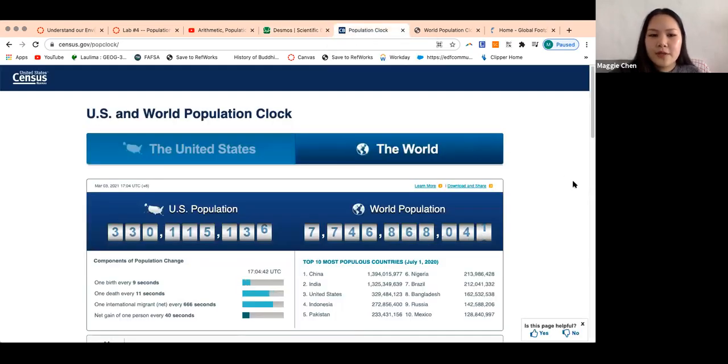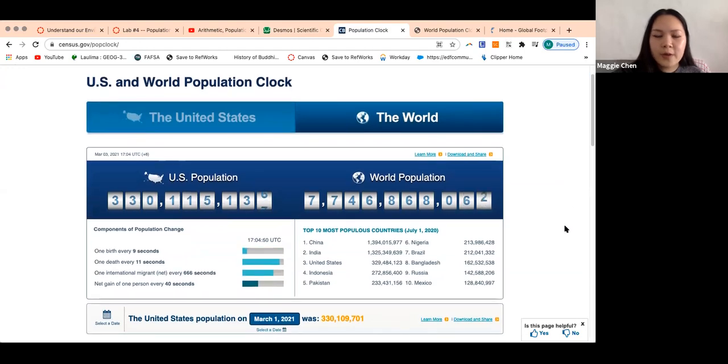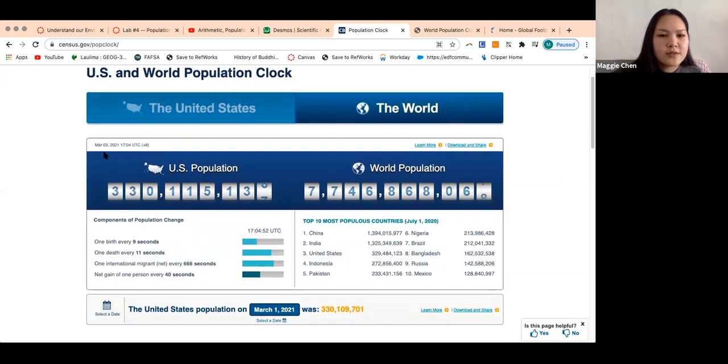So for our population clock, this website is based off of the US Census Bureau, and when we click right into it, it's our world population clock. It's pretty interesting because we can see how the population of the US is growing, how it is slowing down, and the different variables that are taken into consideration.